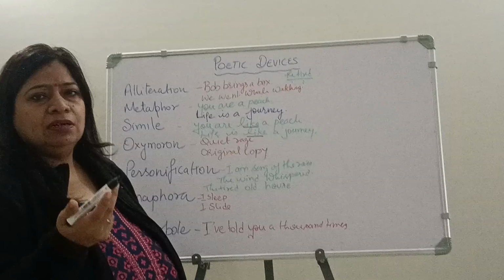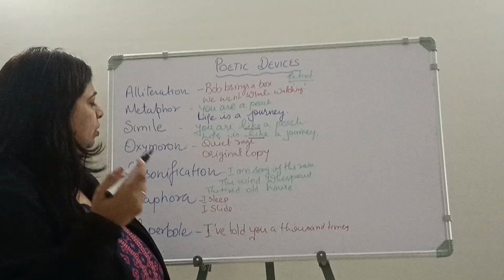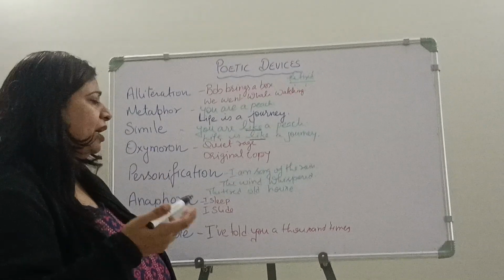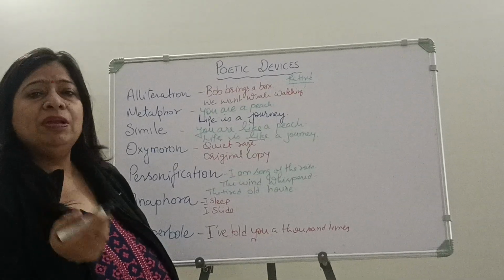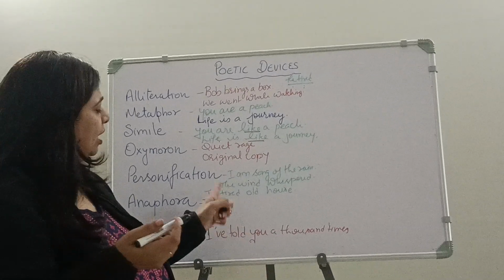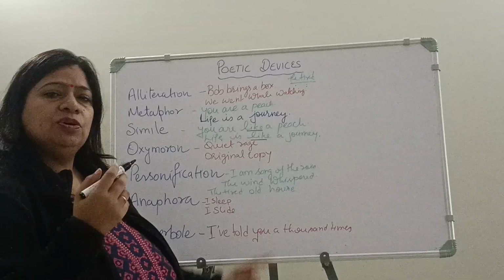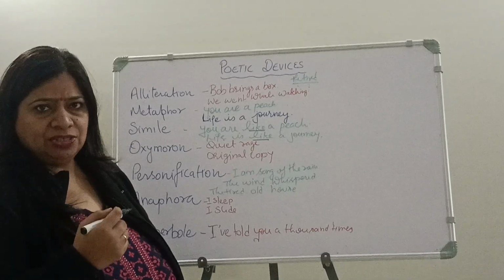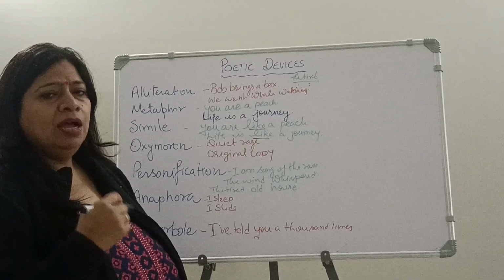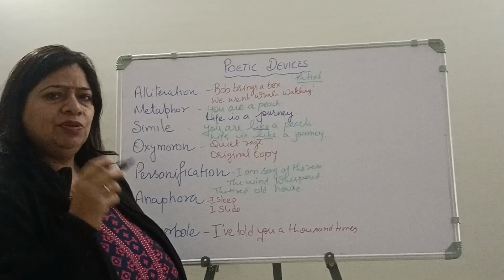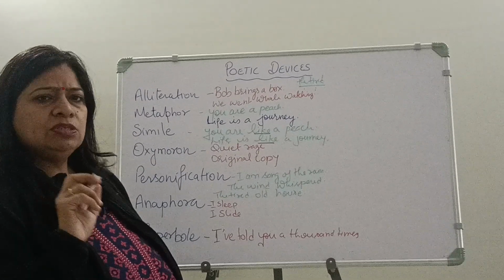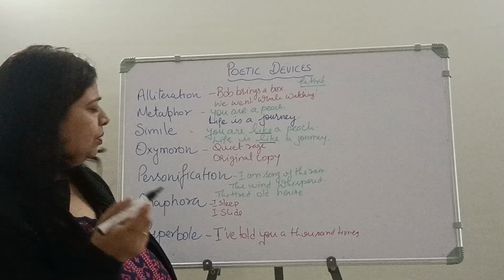Houses are not ever tired. So tired word is used, usually human beings are tired. So tired was used for house. So here also we have personification. I hope you have got it. And if you have any doubt in that, you can write in the comment box. So I will clear that with other examples.